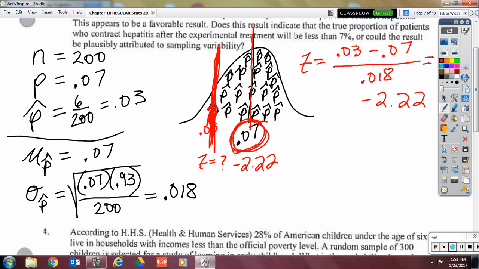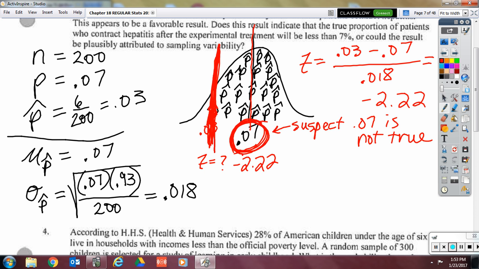Because if 0.07 is really true, I should not have gotten an outlier because they are extremely rare. So I then have a suspicion, and this is going to lead us into an upcoming unit. I suspect that 7% is not true. So that's what is going on here.